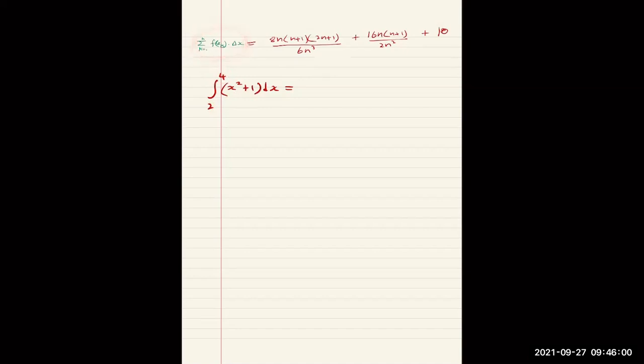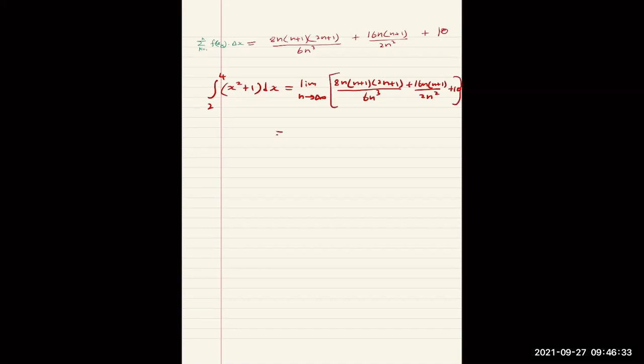So this definite integral is equal to the limit as n approaches infinity of 8n times n plus 1 times 2n plus 1 divided by 6n cubed, plus 16n times n plus 1 divided by 2n squared, plus 10. You need to take the limit of this expression.